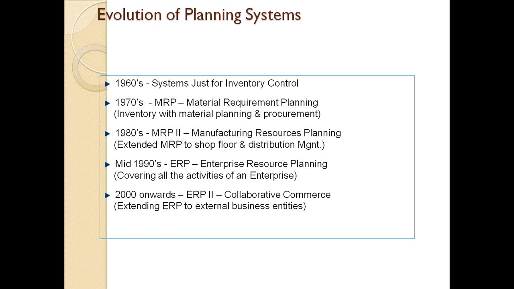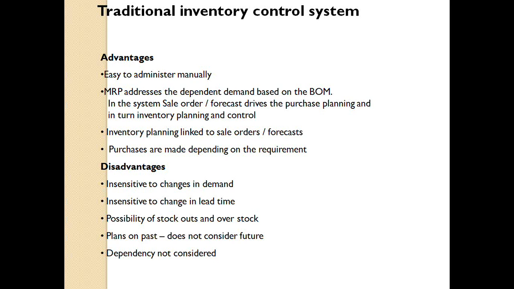What we mean by enterprise resource planning is the entire operations of enterprise, or all the departments or all the functions of enterprise are covered in the ERP. 2000 onwards, there is now a concept called ERP2, which is collaborative commerce, which deals with not only your enterprise but with the outside world, the customers as well as the suppliers.